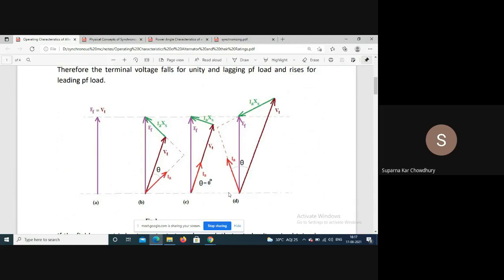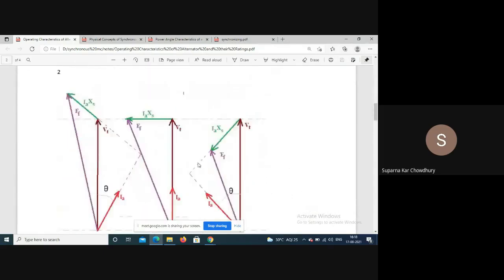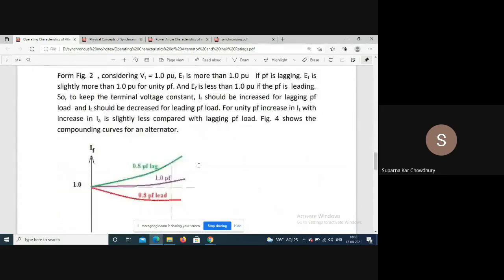So the nature of the armature reaction MMF, whether magnetizing or demagnetizing, depends on the power factor. So the compounding characteristic also depends on the power factor of the load.